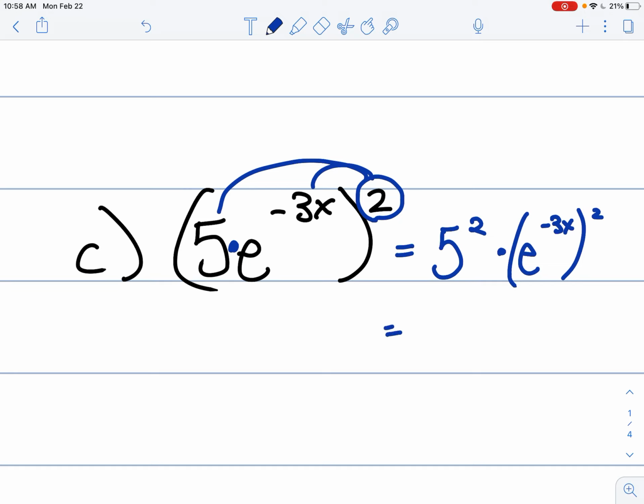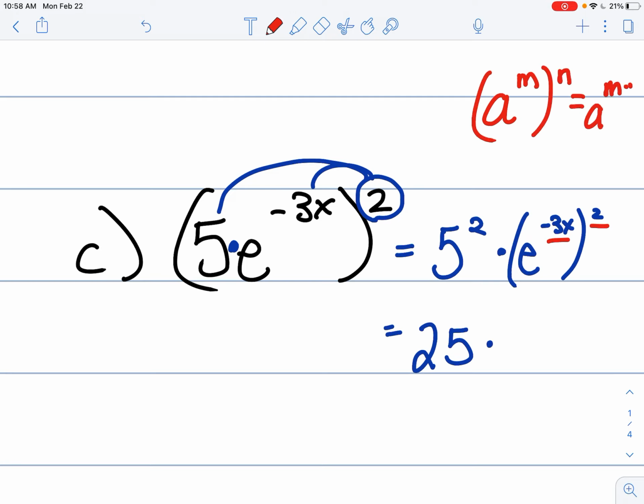Now I know 5 squared is really 25. And when I raise a power to a power, we multiply them. So remember, when you've got a to a power, you raise it to another power, this becomes a to the m times n. So we go e to the negative 3x times 2. This is 25e to the negative 6x.